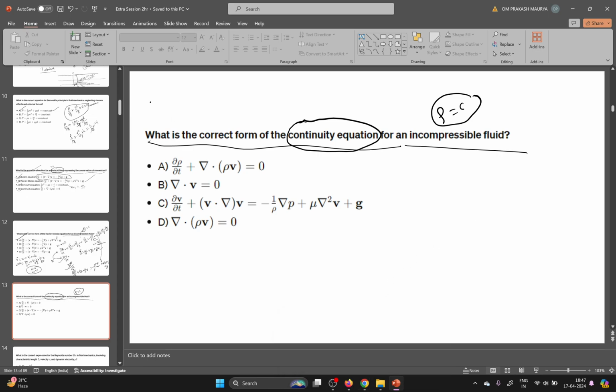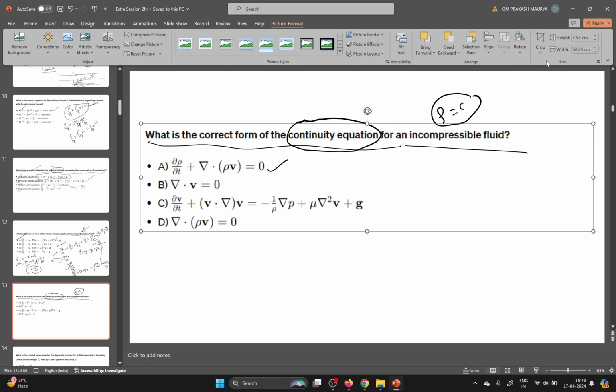Your continuity equation will be this one, because you already know we are talking about incompressible fluid. So which option, A, B, C, or D, is correct?